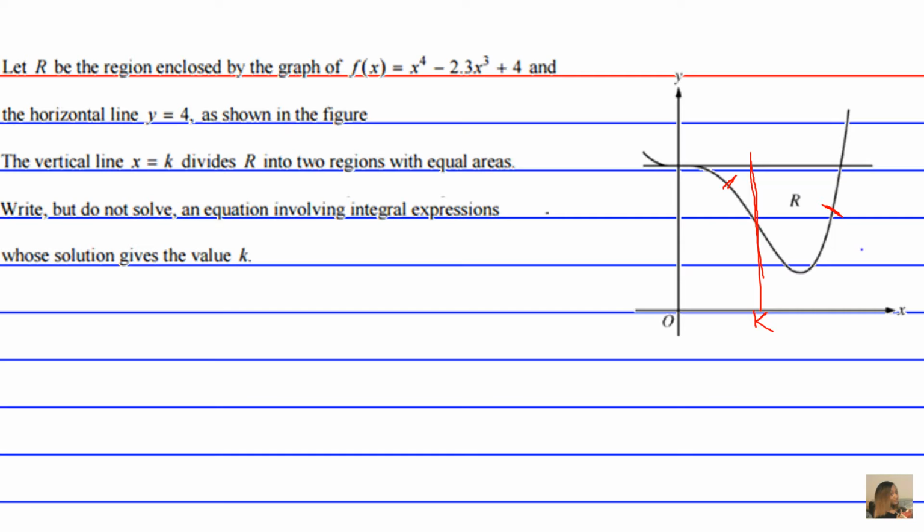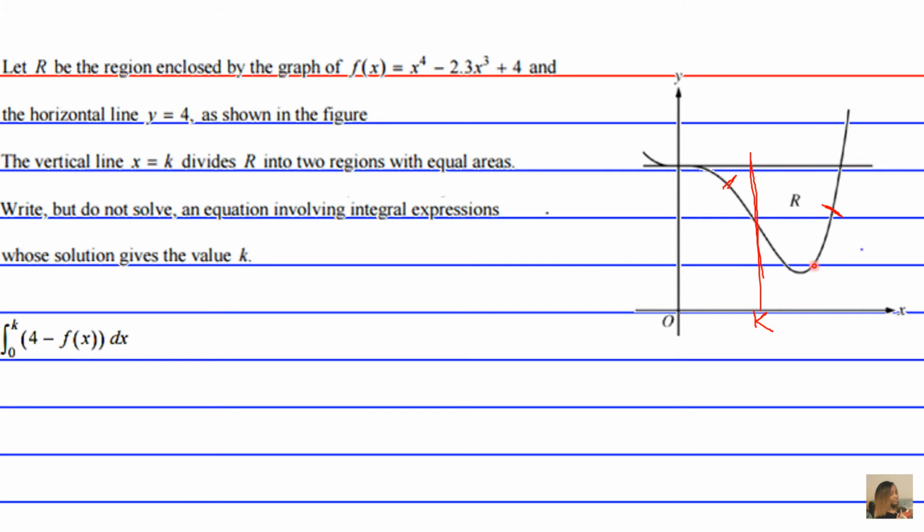So let's first establish the region to the left of x equals k. That's going to be the integral from 0 to k, because 0 is our lower bound of integration that I showed you how to arrive at in flashcard set 27 of this series.